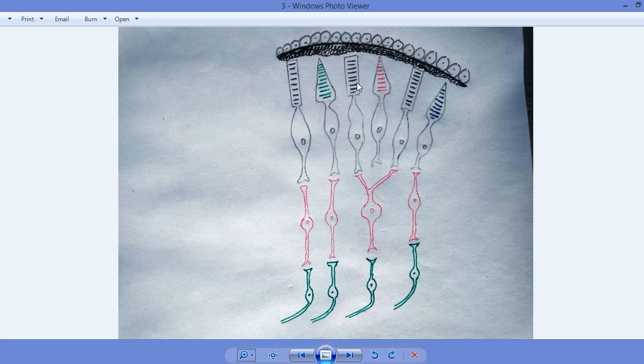When the electric potential reaches -70, there will be no secretion of neurotransmitter. And when the neurotransmitter is not secreted, the bipolar cell will automatically be activated. And when the bipolar cells are activated, that will lead to the secretion of a neurotransmitter toward the ganglion cell, and that ganglion cell will forward the signal. So the image will be formed over there in the visual cortex.